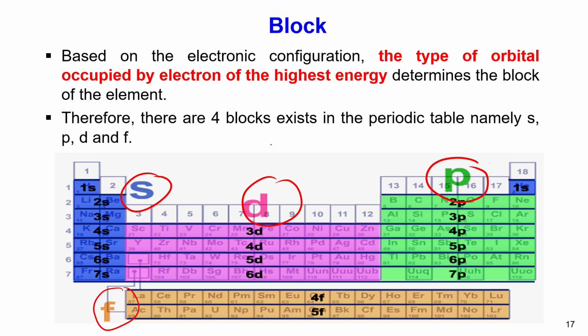So we have orbital S, orbital P, orbital D and orbital F. To determine the block for an element, we also look at the largest or highest principal quantum number of the element.